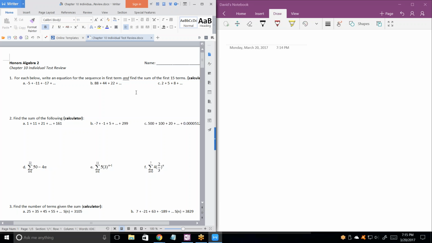Okay. So first of all, let's look at number B. Is that a geometric sequence or an arithmetic sequence? Geometric. Okay. So what's the general formula? Do you want the numbers in it or no numbers? No, not yet.